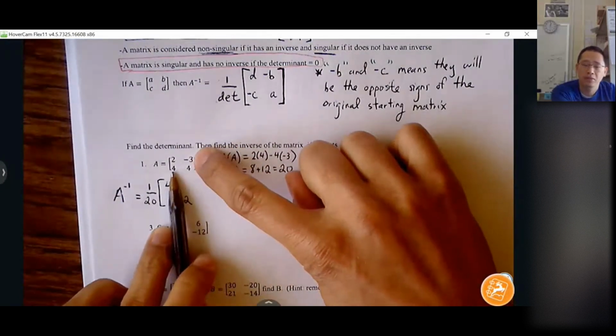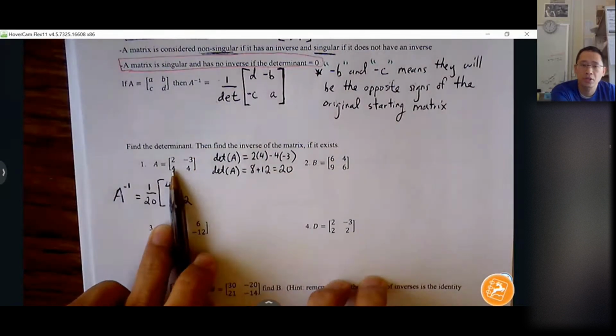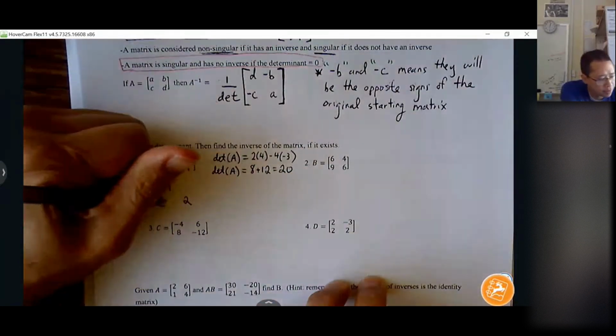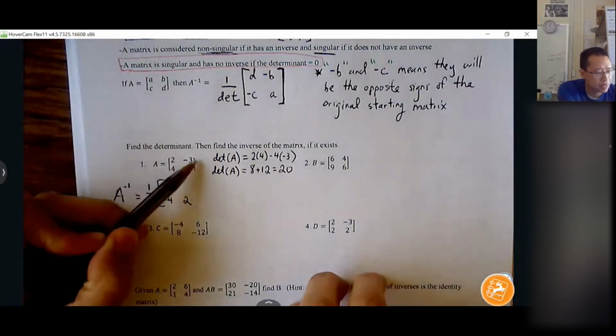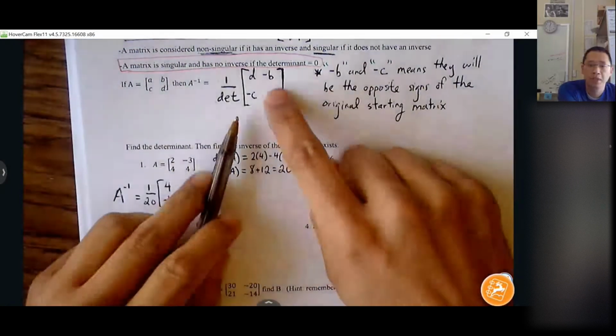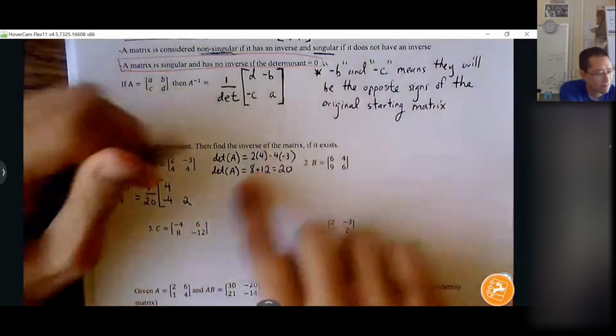Now the other diagonal, we're not going to make them swap places, but we will force a sign change. So this 4 will turn itself into a -4. And this -3 will turn itself into a +3. Okay, so we're changing the signs of this other diagonal.